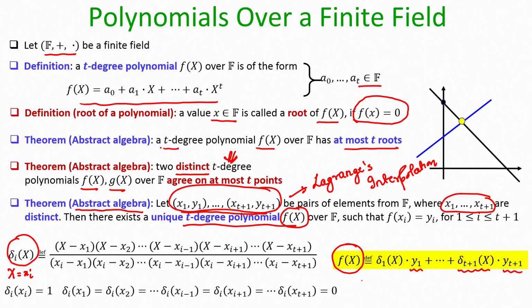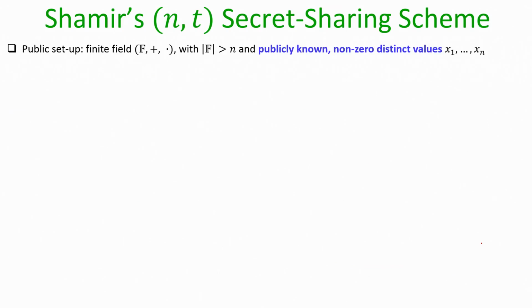And you can check easily here that if you take this polynomial f of x and evaluate it at xi, you will get the value yi, because when you evaluate this f of x polynomial at xi, then only the delta ix polynomial will survive and give 1, and that will be multiplied with yi. So, you will get yi, and all other remaining delta ix polynomials will vanish. Okay. That is the idea of this Lagrange interpolation.